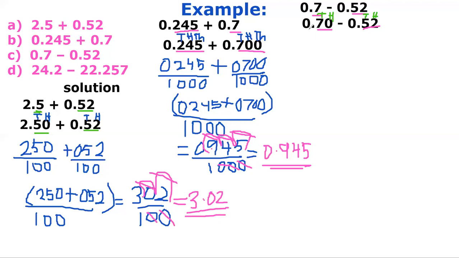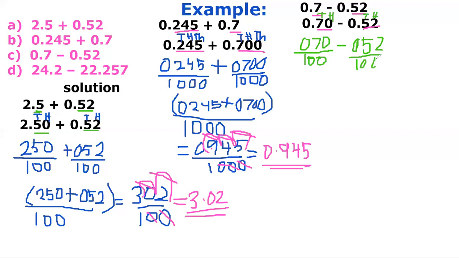100. So you get 0.70 over 100 because the last digit here is under the 100, minus 0.52 over the 100.